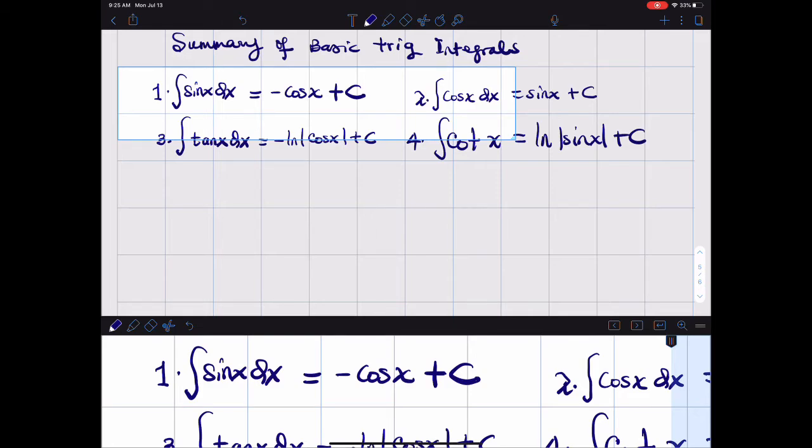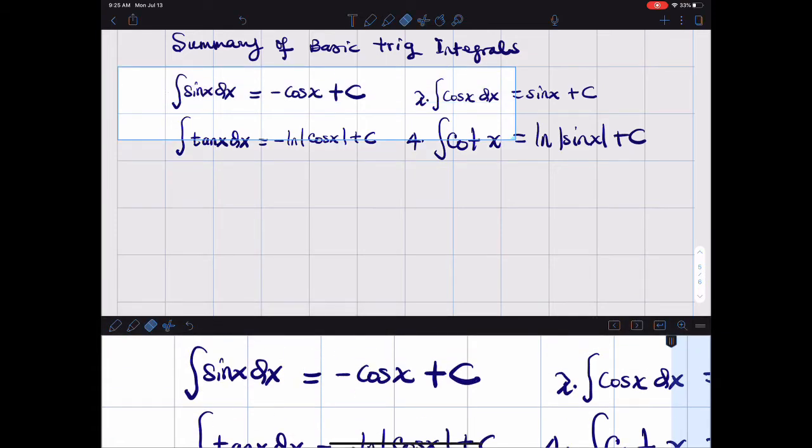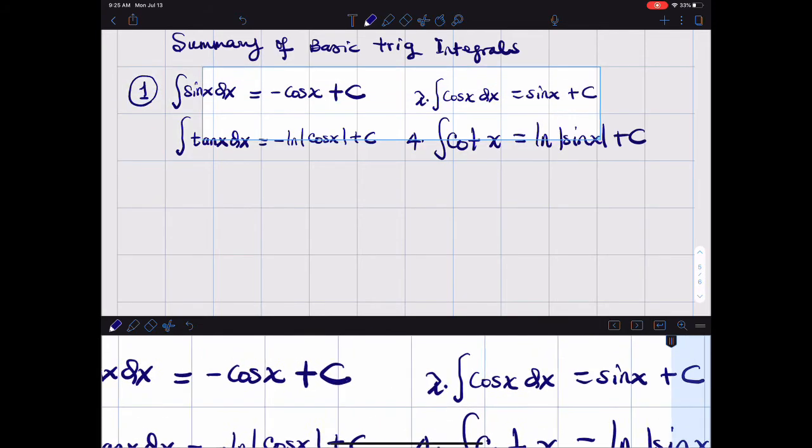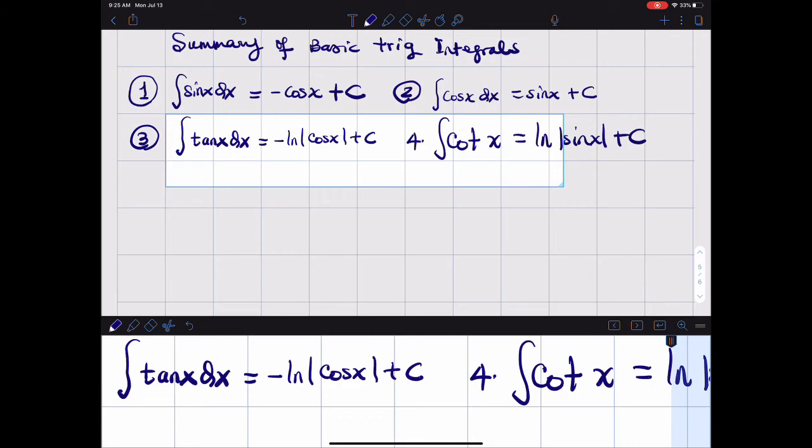Well, I just want to separate my numbers because they look like they're multiplying these integrals, and that's not my intention at all. On the 1 here, and then I'm going to call this number 2, and then number 3. Then call this number 4.